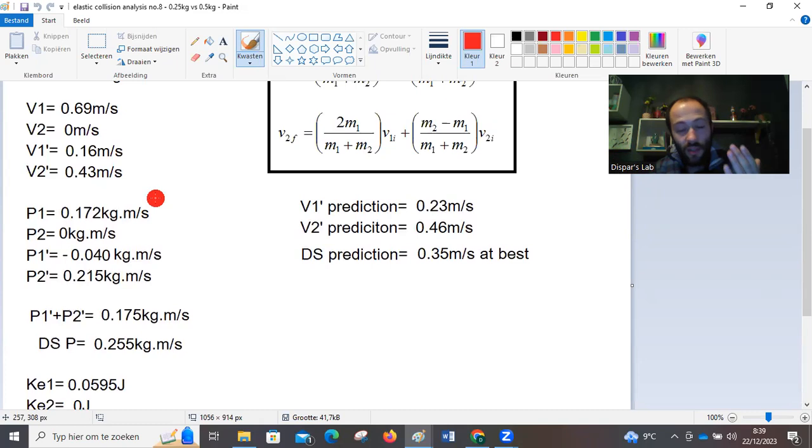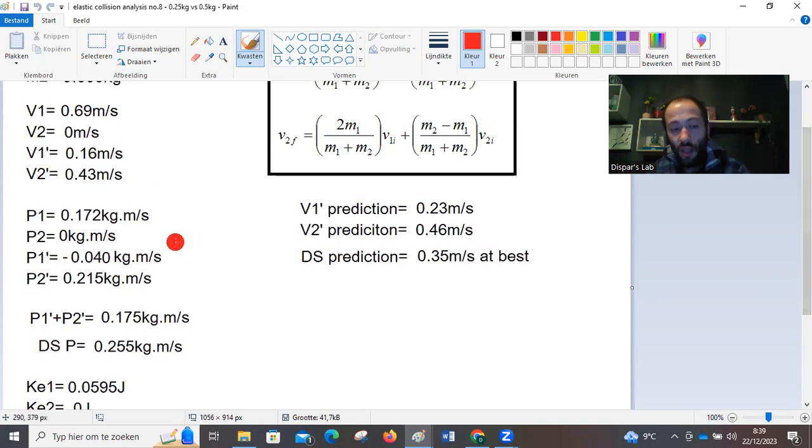This is the 8th video in a row that proves that momentum can only be conserved if it is being treated as a vector, if the opposite direction is treated as a negative value. If we do not do that, if we treat it as a positive value, then we always end up with free extra momentum.